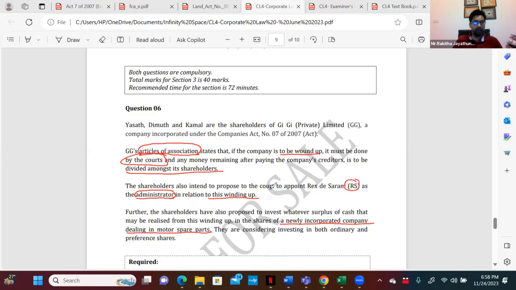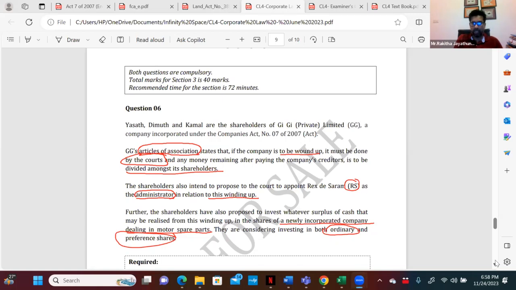They will use it to incorporate a new company, and the business of that new company would be dealing in motor spare parts. They are considering investing in both ordinary and preference shares.